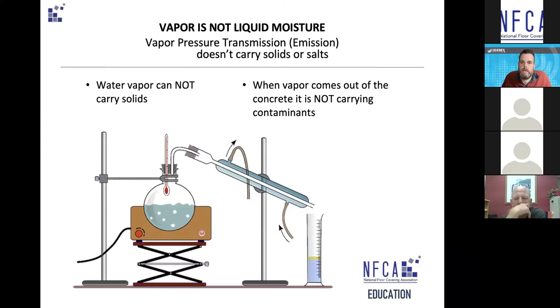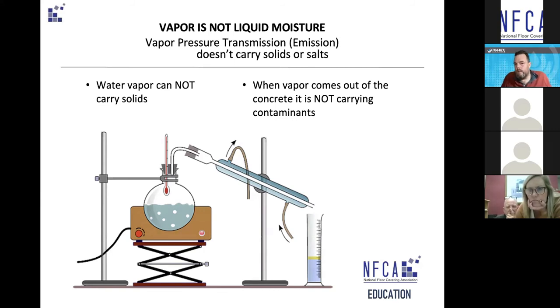The calcium chloride test measures the amount of vapor that can come out of the concrete if you create the right conditions. So by putting calcium chloride into the Petri dish, you're reducing the ambient humidity. And what that does is it draws moisture out of the concrete into the dish. And that is a vapor test. So you're measuring the amount of vapor that could come out of the concrete if the conditions were right.